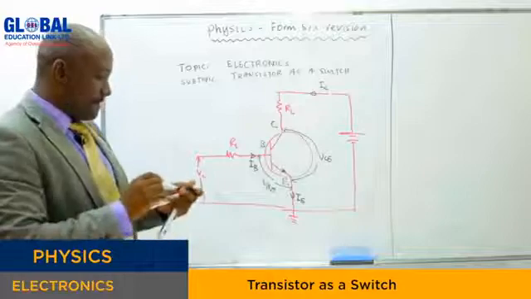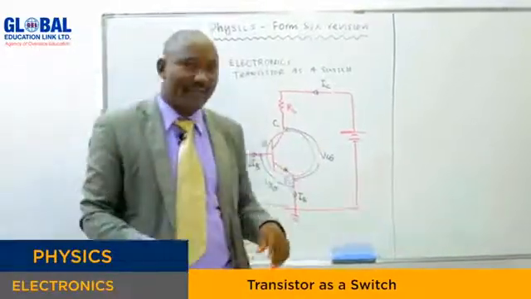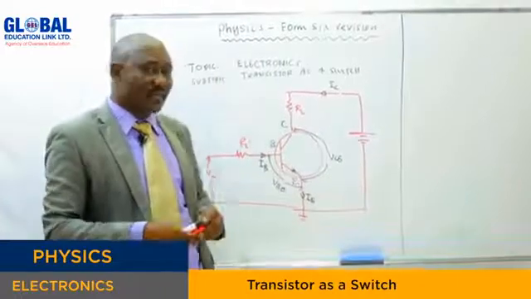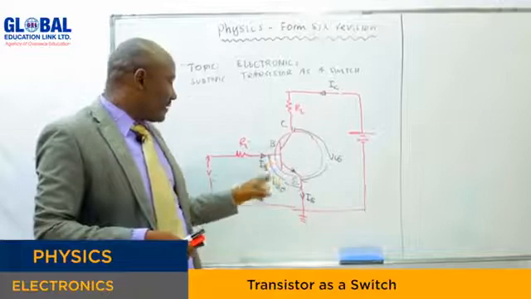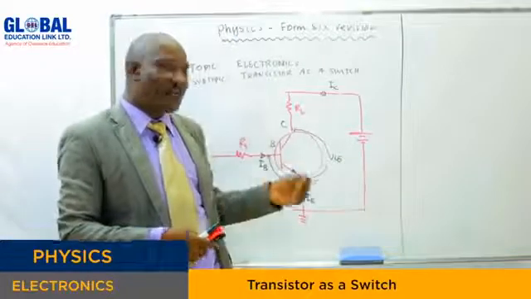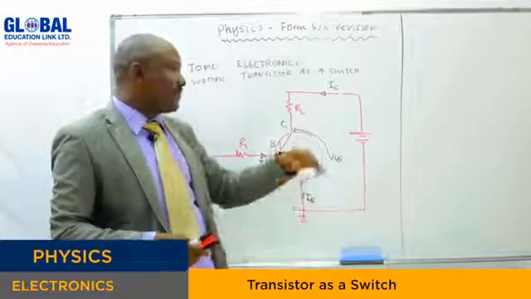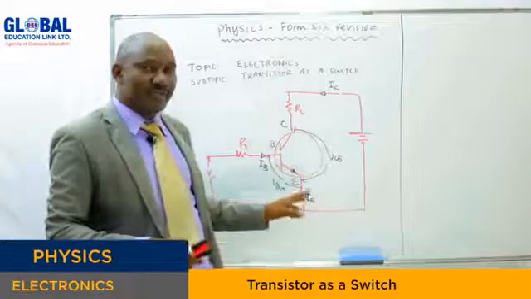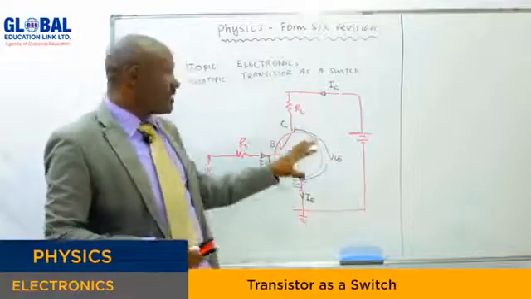Now, if you remember, when we talk of a transistor, we have different types of transistor. We can have silicon and germanium transistor. The voltage across the base emitter is what distinguishes the two types of transistor. For silicon, it may be 0.6 or 0.7, but for germanium it's supposed to be 0.3, 0.4. So this is the type of transistor that you normally use.